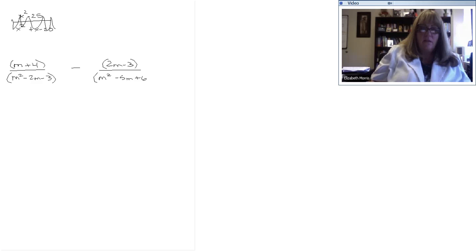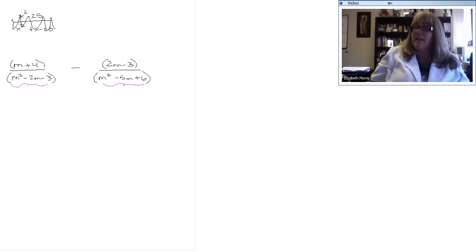m plus 4 over m squared minus 2m minus 3 minus 2m minus 3 over m squared minus 5m plus 6. All right, I'm going to put parentheses. Right now, the denominators are two different things.